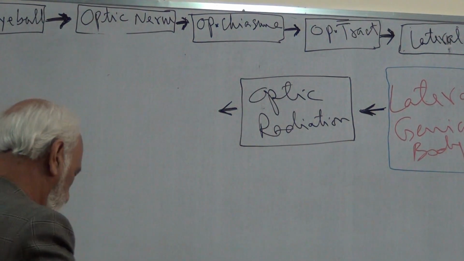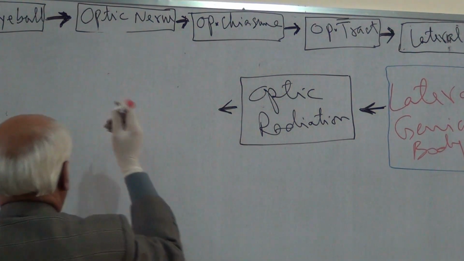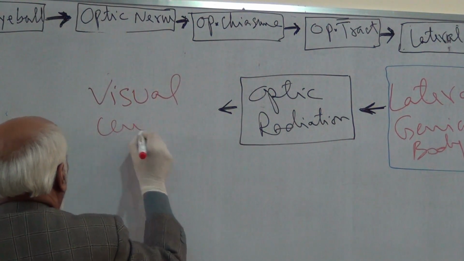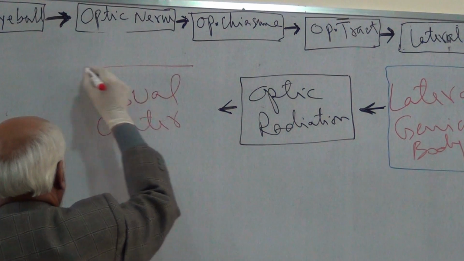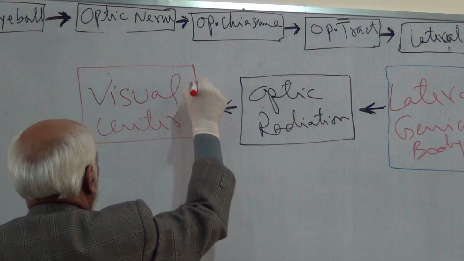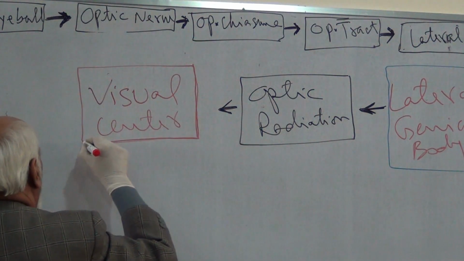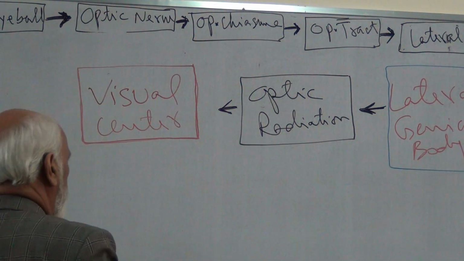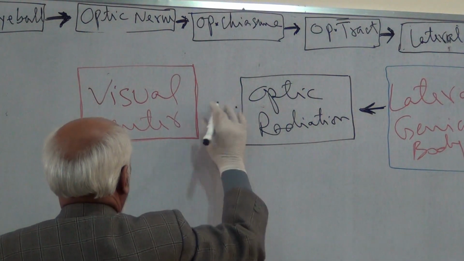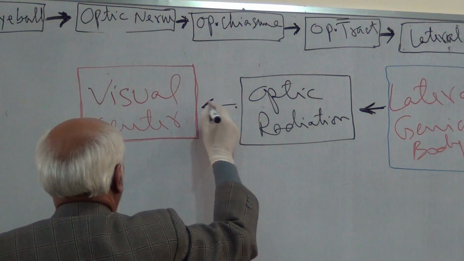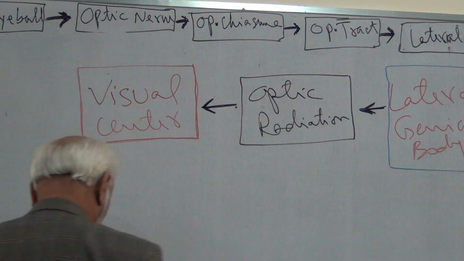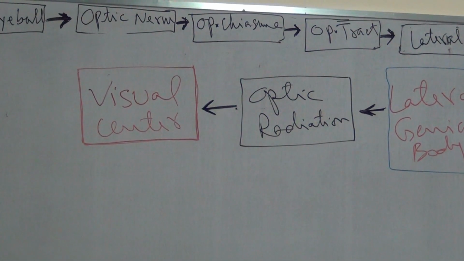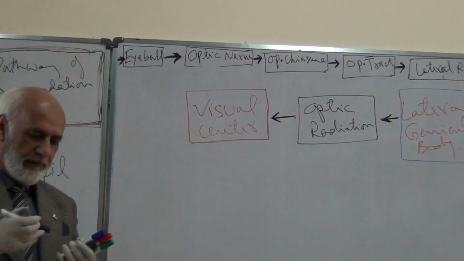The fibers enter the visual center, which is located in the occipital lobe, in and around the calcarine sulcus. This is the visual pathway, which is part of the accommodation reflex pathway.